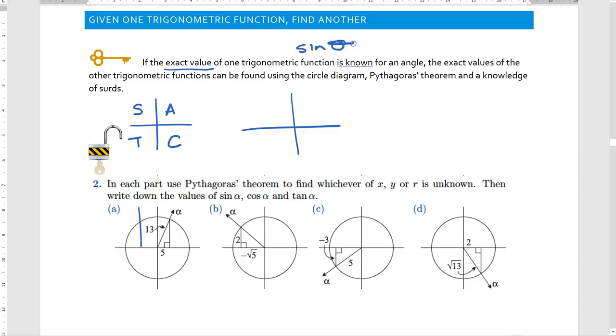So suppose I'm trying to discover something about sine of theta. If theta is in this quadrant, so here's our angle theta, then we know it will be a positive ratio, and it's just the y-coordinate over the radius of the circle, if we're looking at our unit circle.